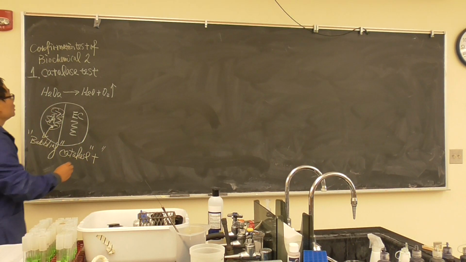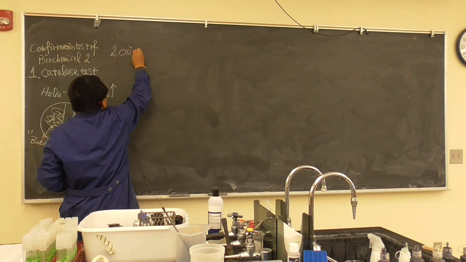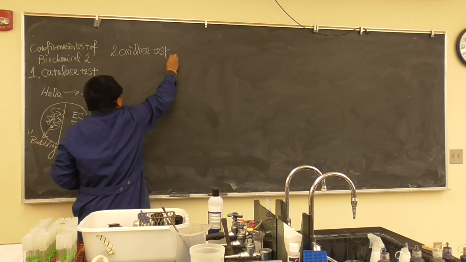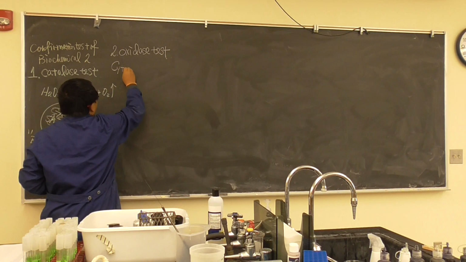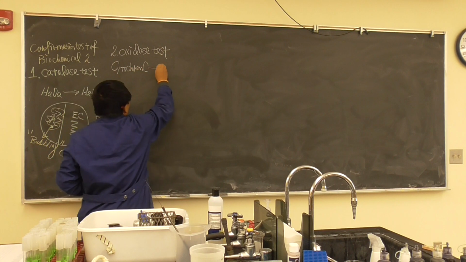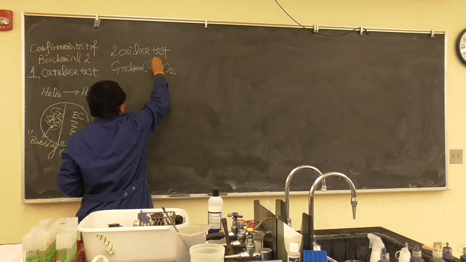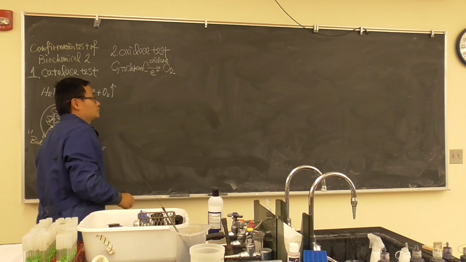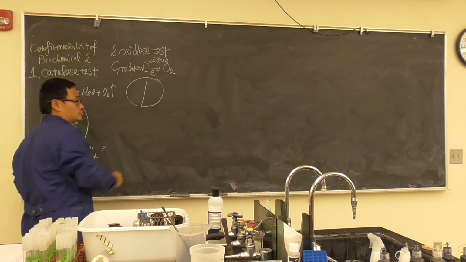Okay, so we move on to the second test, which is the oxidase test. Now remember, electron transfer from cytochrome C to the following, let's say oxygen, they need oxidase for electron transfer. So what we have is agar plates.